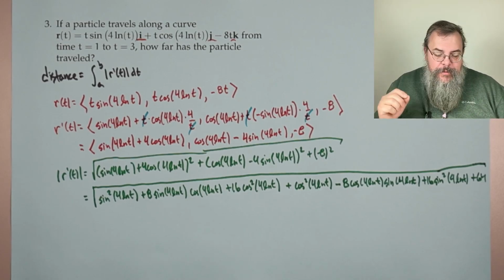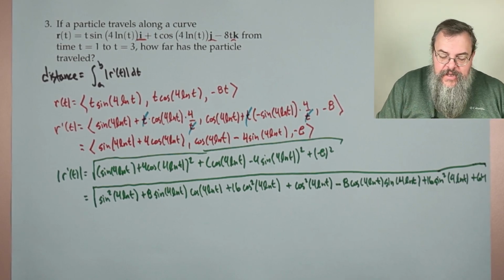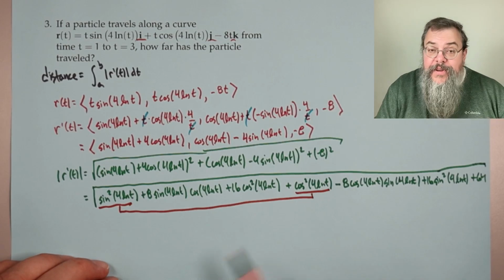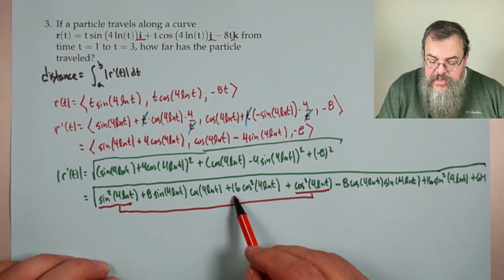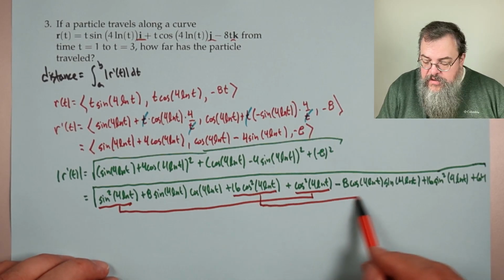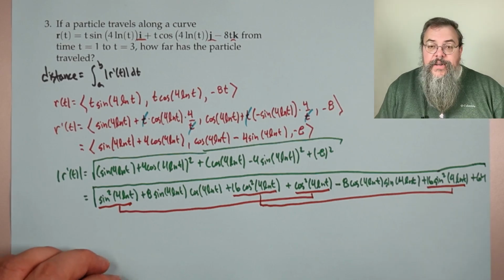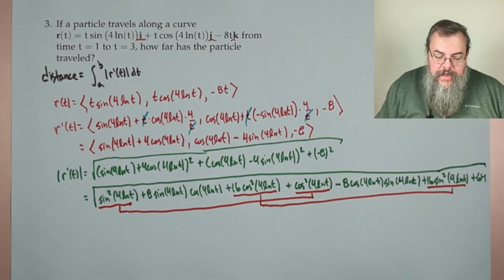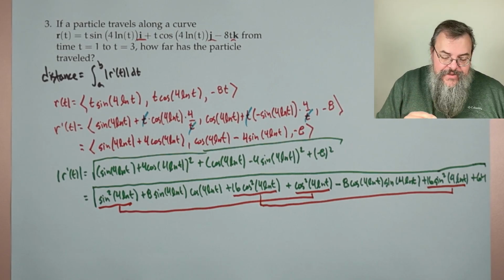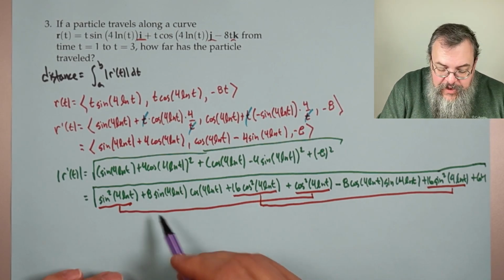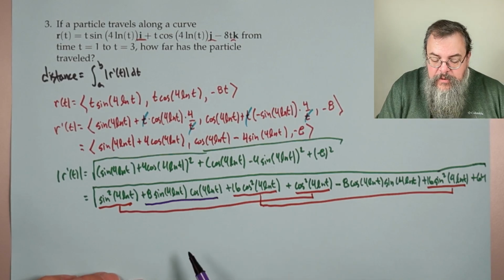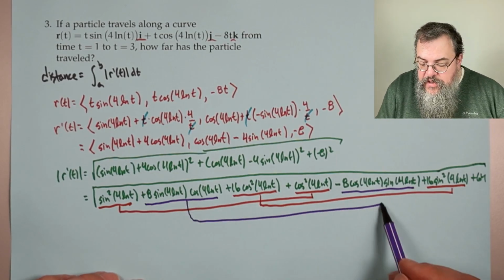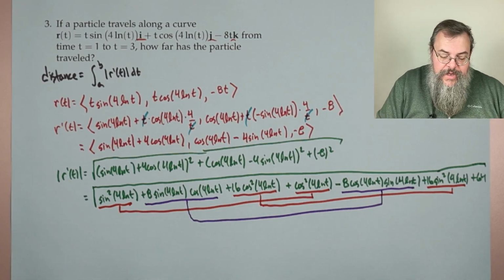All right, now remember we said some things should be happening, and we see that. See, there's a sine squared here, matches with this cosine squared there. That's nice. There's this 16 cosine squared, which matches with this 16 sine squared. Also nice. So those will come together. And, not to be outdone, we also have the cross terms, 8 sine cosine minus 8 cosine sine. Now those cancel out.